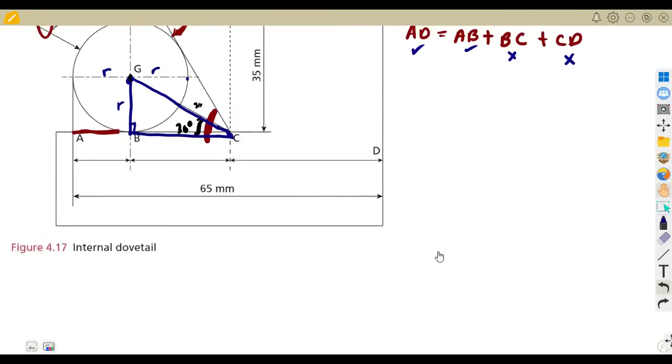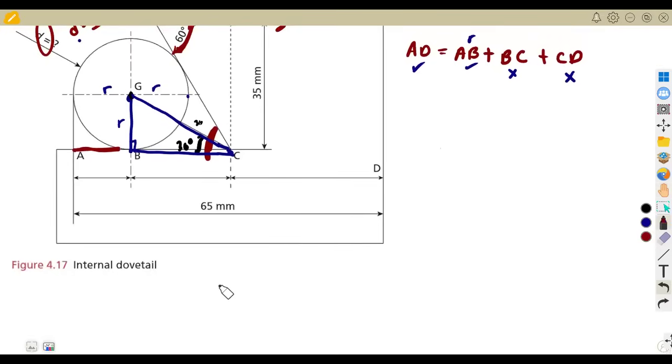So from triangle GBC, according to the angle of 30 degrees, the radius, which is our GB, is the opposite, and BC is the adjacent. That means we can use the tan from our SOHCAHTOA concept.